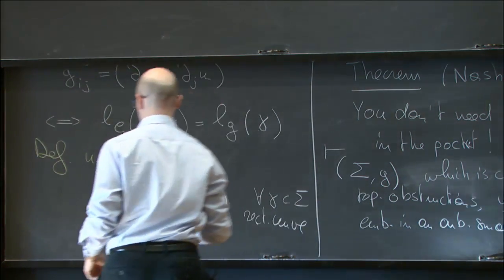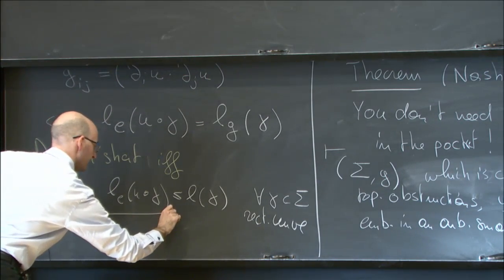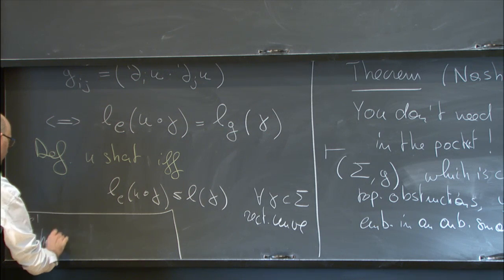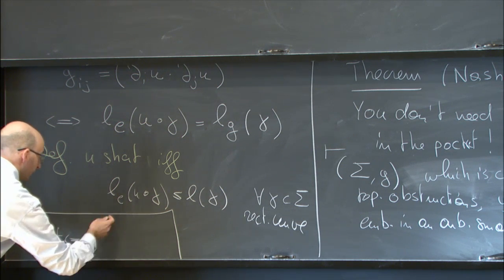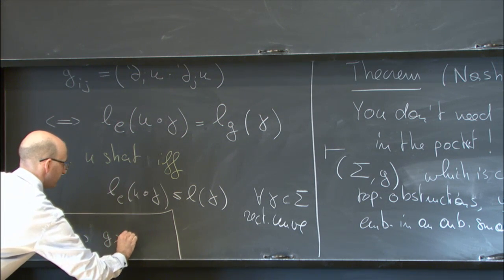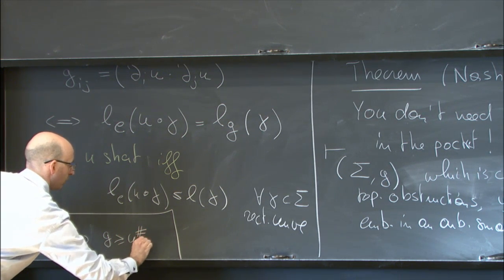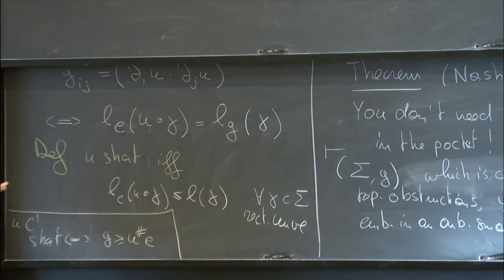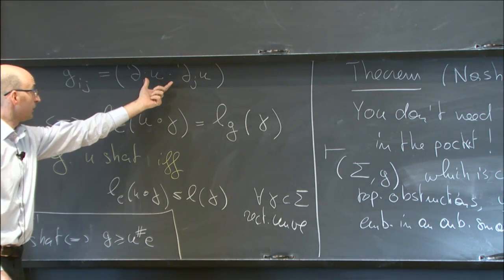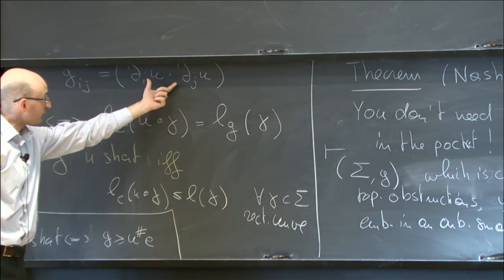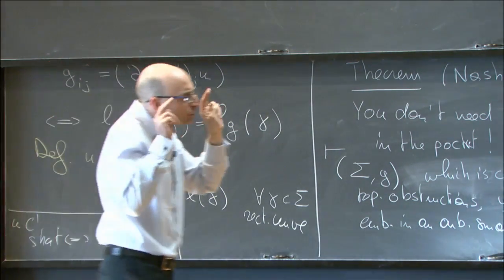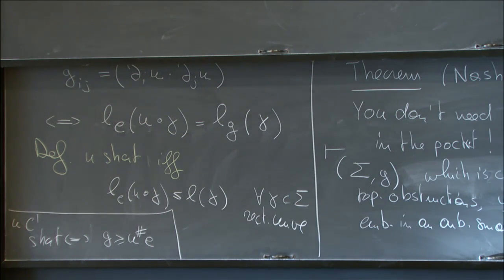So short is equivalent to the inequality, in the sense of quadratic forms, that g is bigger or equal than the pullback of the Euclidean metric. Which means if you take this matrix and that matrix, that matrix minus this matrix is positive semi-definite.